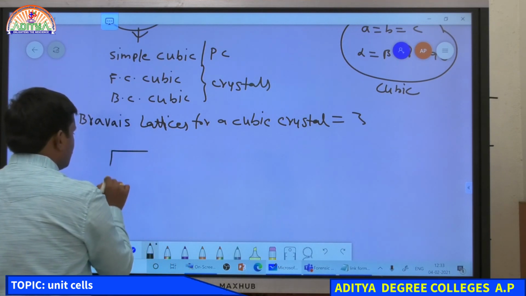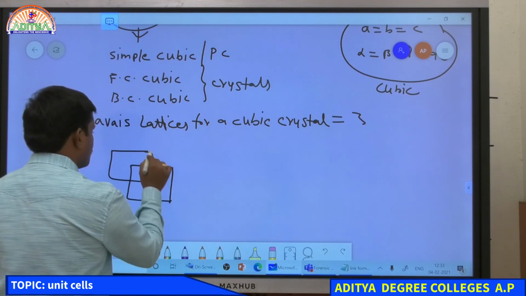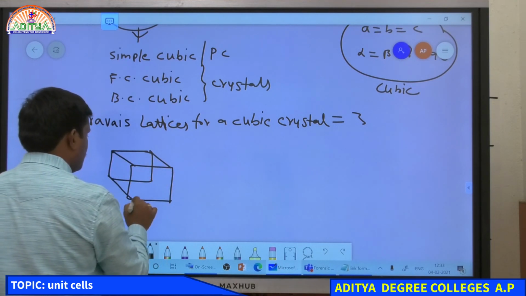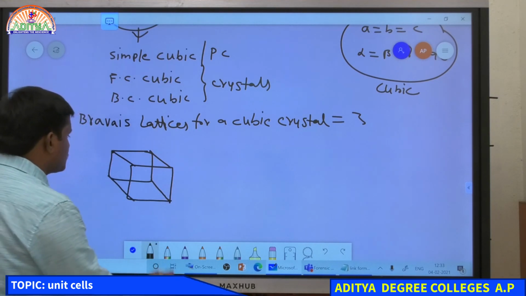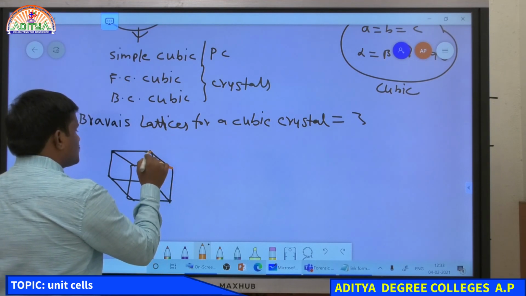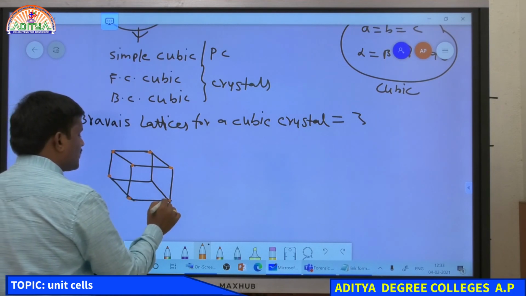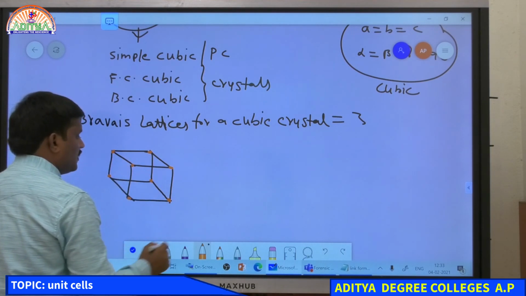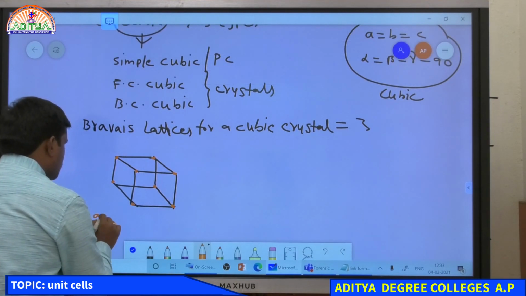These are simply represented like this. This is a crystal and this is the smallest repeating unit, that is the unit cell. In this, the points are arranged like this. This type of unit cell exists for cubic.